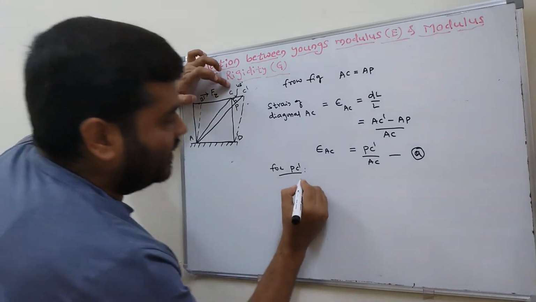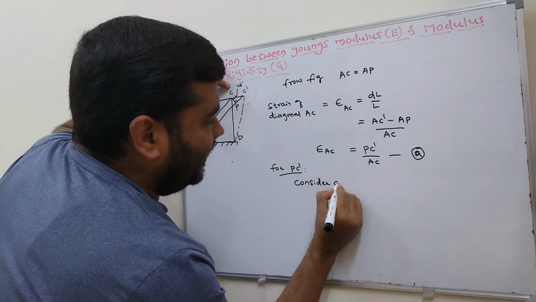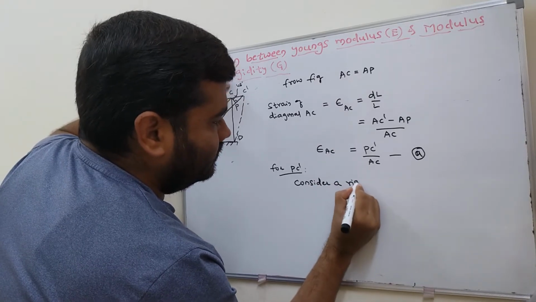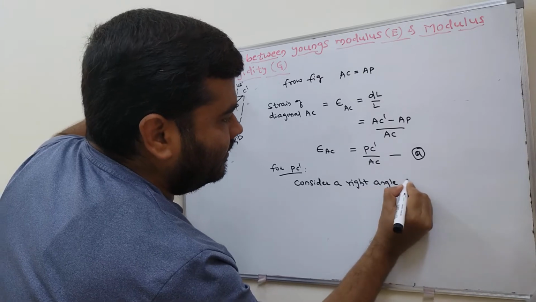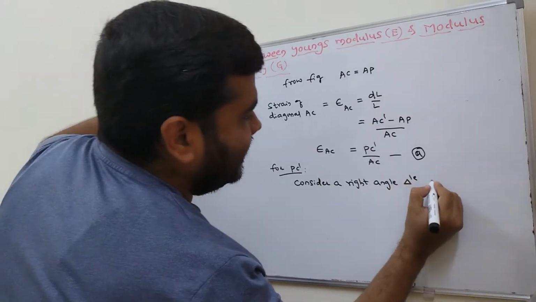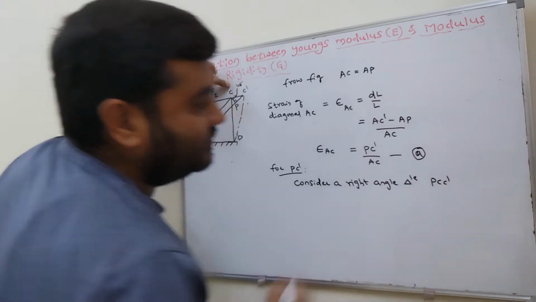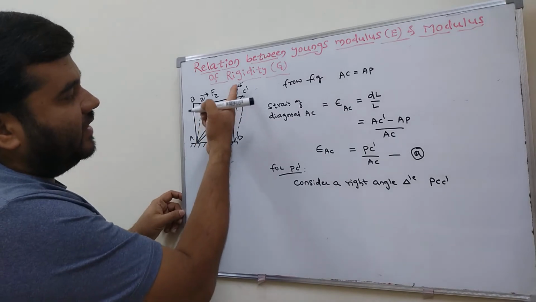Consider a right angle triangle PCC dash. Okay, here 45 is there.